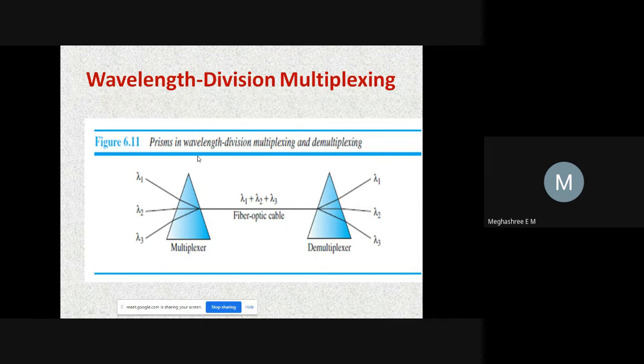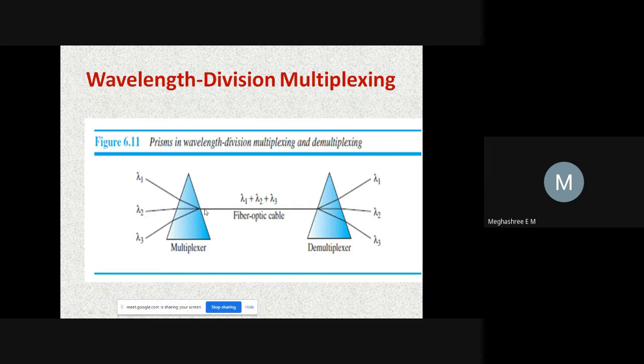You can see the multiplexer here. The multiplexer can be made to combine several input beams of light. At the multiplexer side, several input beams of light are combined, each containing a narrow band of frequencies.